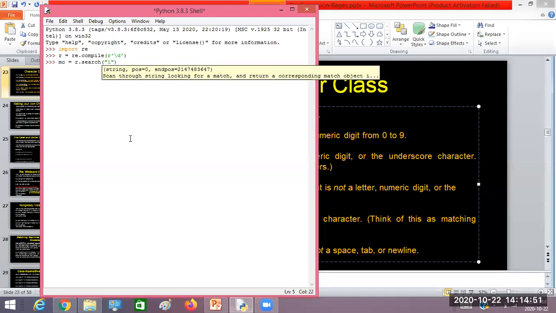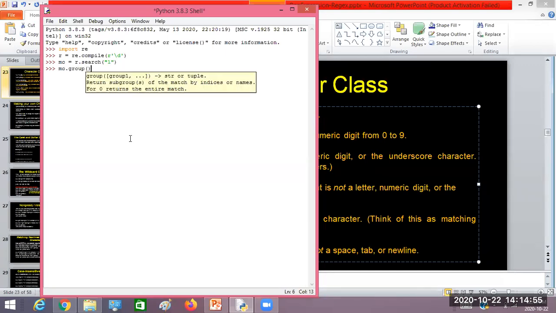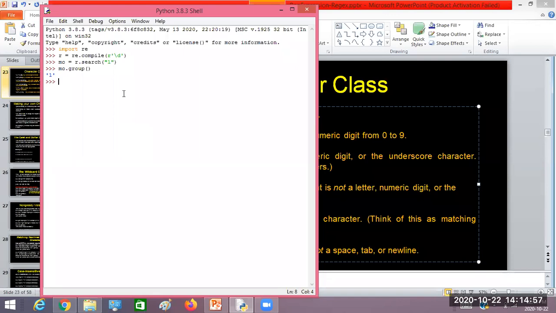As it has only one digit, the backslash d is going to match a single digit, which is now matching the 1 here, and which may be any digit.